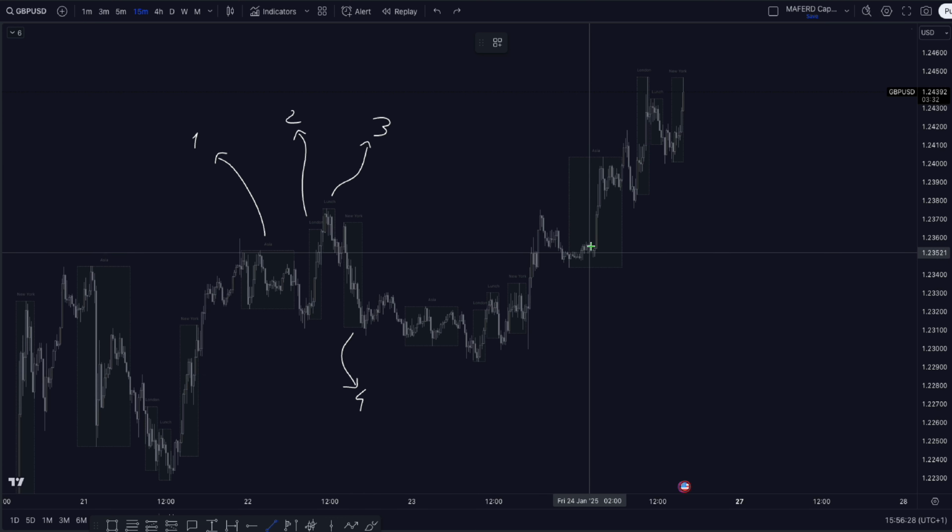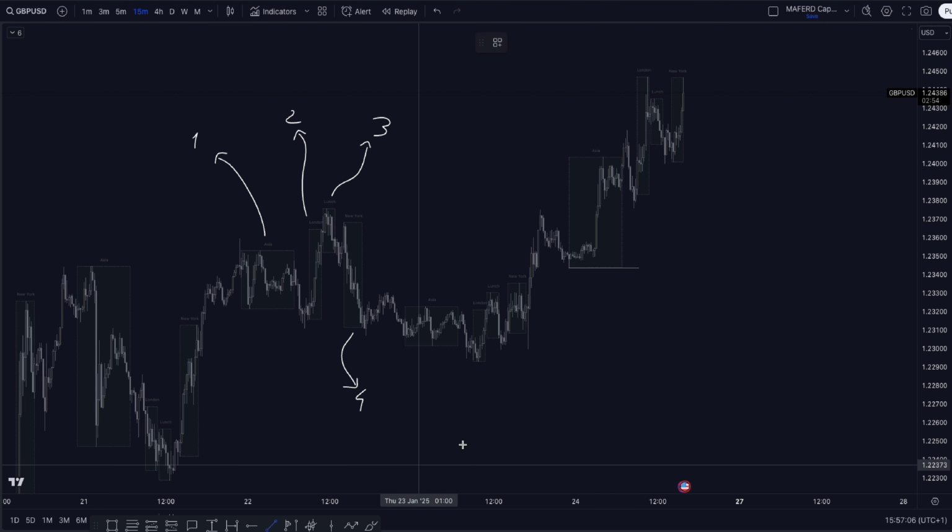For example, in this case, I have the Asia session right here. So I highlight the highs and the lows like this. Of course, whenever one of the highs or lows gets manipulated, I simply delete the level, because it creates confusion, right?